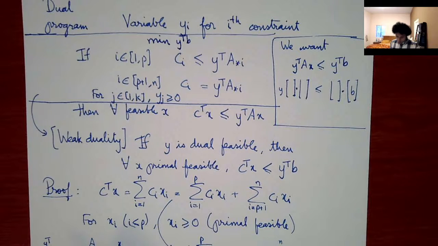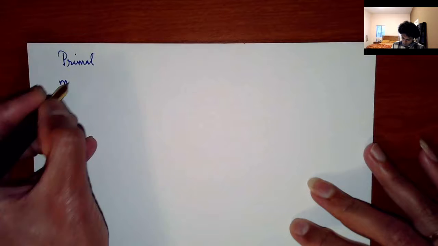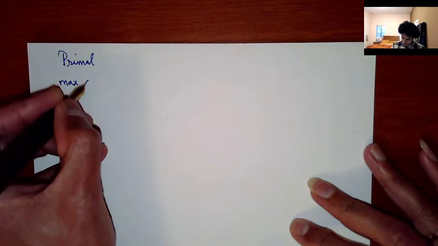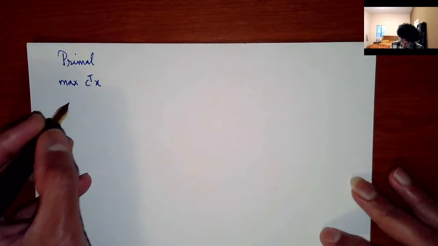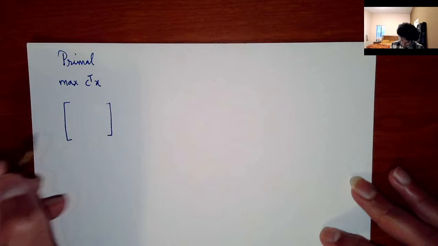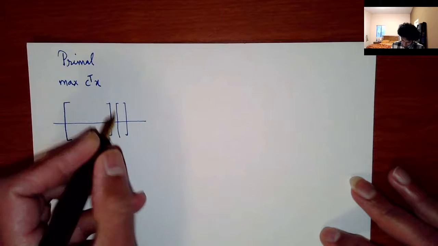So I'll draw this out again. Here's the primal. Maximize c transpose x with A, and this was x.